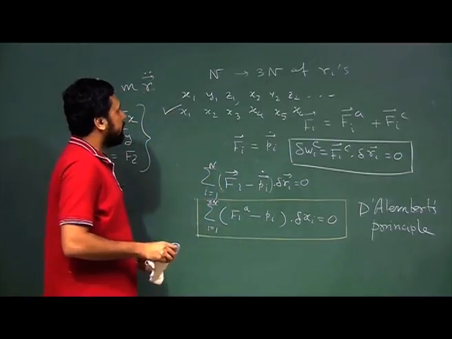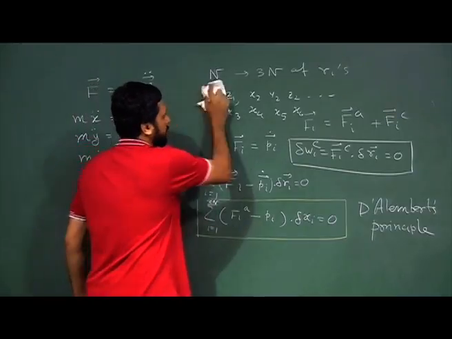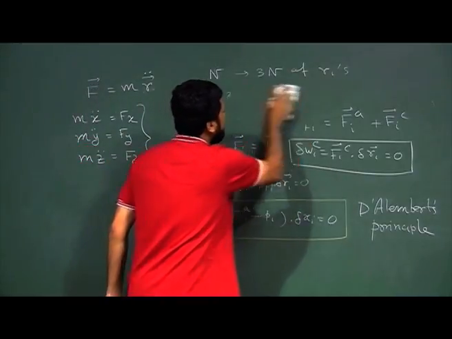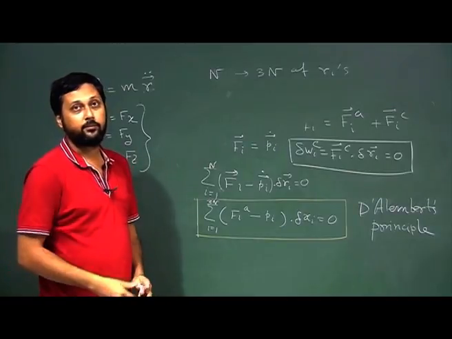So, we have 3n coordinates to begin with. Now, out of this 3n, how many are independent coordinates?